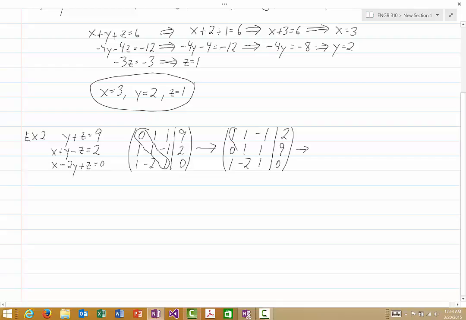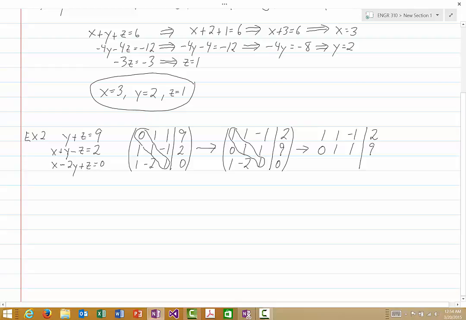Here is the main diagonal, and we see that we have two non-zero terms below the main diagonal. We get rid of this one by adding -1 times the first row to the third row. So when we do that, let's see what happens. 1, 1, -1, 2. We didn't add anything to the second row, so it stays the same: 0, 1, 1, 9.